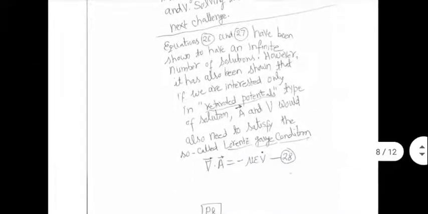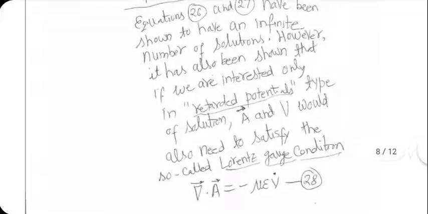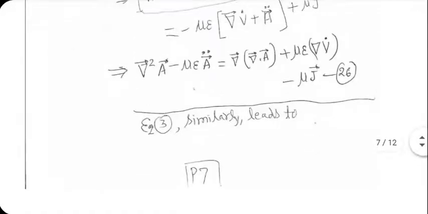What Maxwell showed that for retarded potential type of solutions, A and V are also related by this additional equation 28. And he said, put it back in the equations 26 and 27 and move forward.